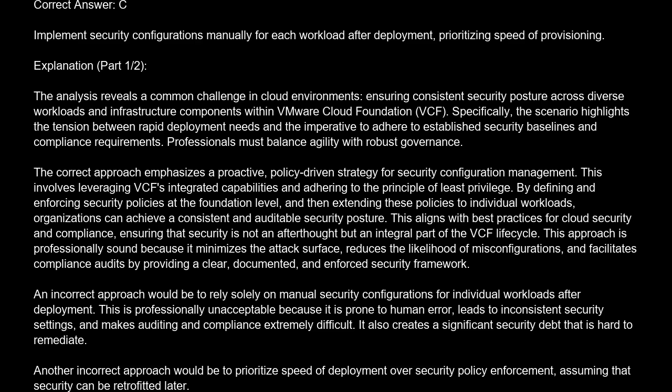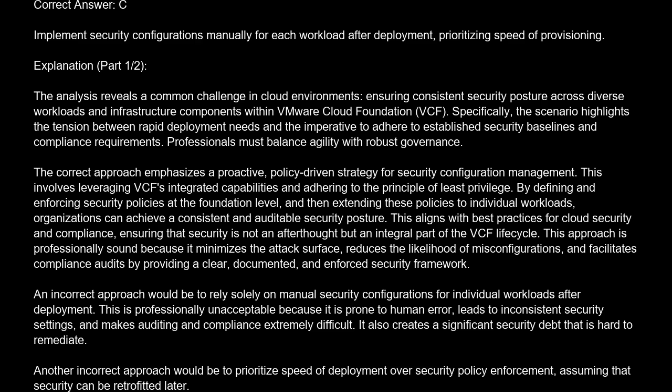The correct approach emphasizes a proactive, policy-driven strategy for security configuration management. This involves leveraging VCF's integrated capabilities and adhering to the principle of least privilege. By defining and enforcing security policies at the foundation level and then extending these policies to individual workloads, organizations can achieve a consistent and auditable security posture.